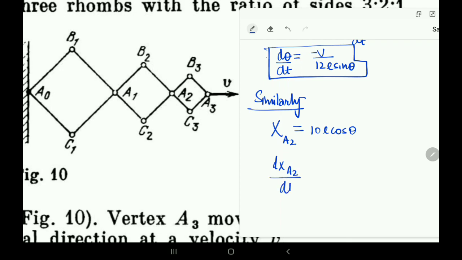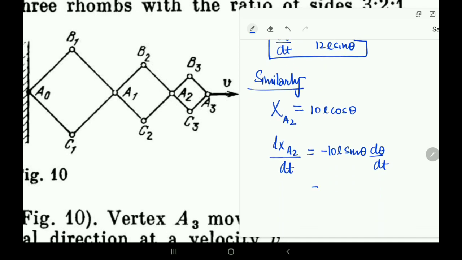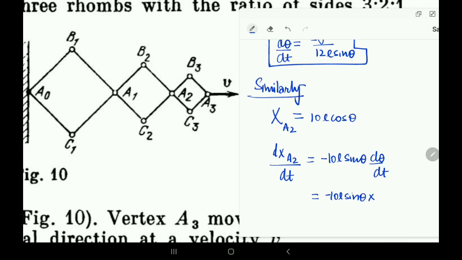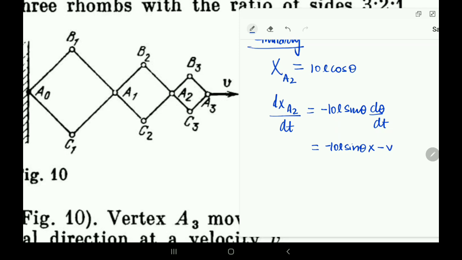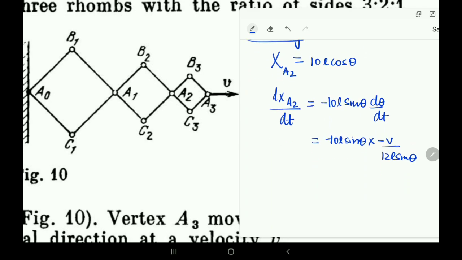Similarly, if I write the x coordinate of A2, that will become 6L cos theta plus 4L cos theta, 10L cos theta, and I will differentiate it again to find its velocity with respect to ground. So again cos theta will be differentiated and it will become minus sin theta, and d theta by dt will also come. d theta by dt we have already calculated, so we'll put the value here.